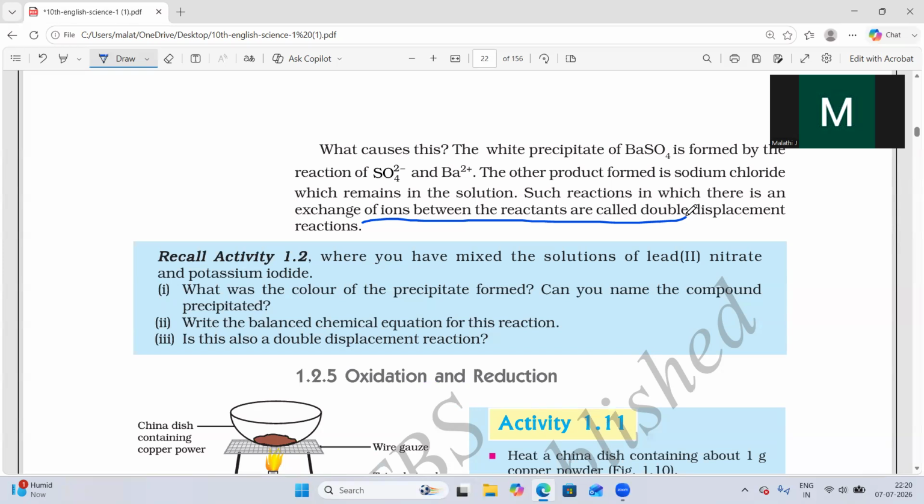In a displacement reaction, a more reactive element displaces a less reactive element. Now, in the double displacement reaction, what are we telling? Exchange of ions. Here we are taking salts, and those salts have positive and negative ions. So we call these double displacement reactions.